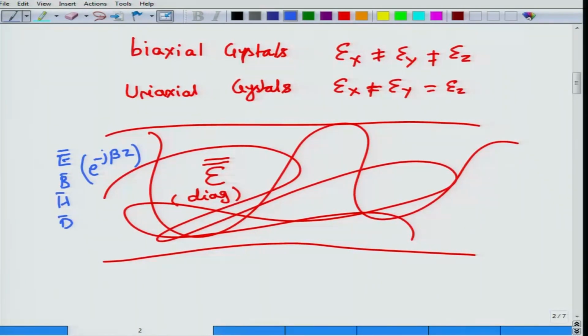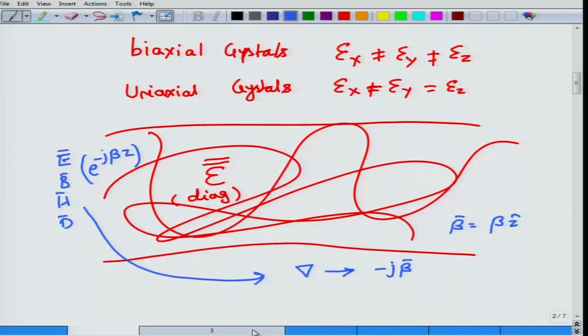So, you have all the field quantities going as e to the power minus j beta z, then what it means is that you can replace in Maxwell's equation the operator del by the vector minus j beta, where the vector beta is given by the magnitude beta times the unit vector along the z direction. So, you can replace the del operators by this vector, which is minus j times beta.